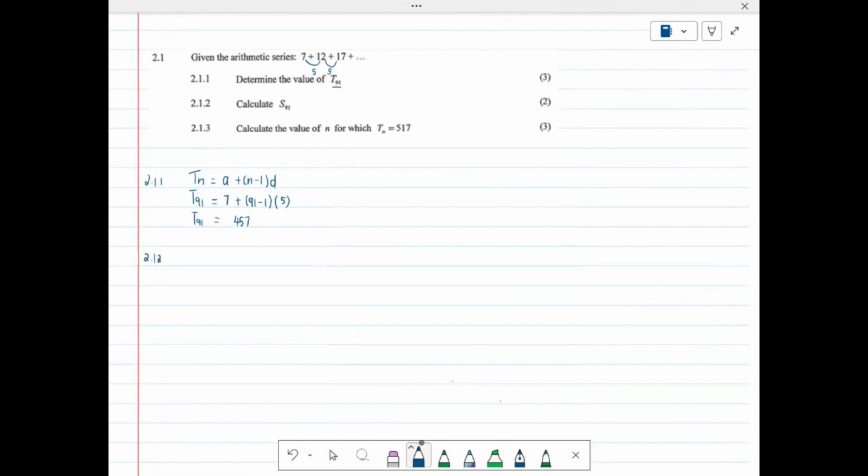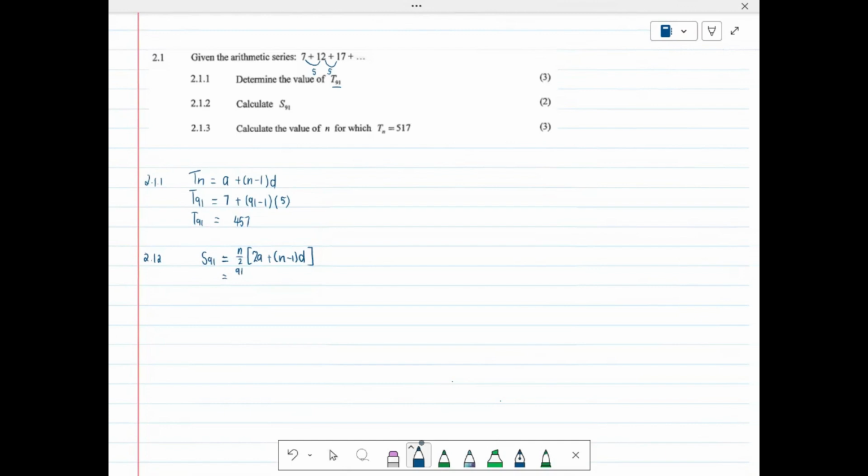For our second question here, we have to calculate S91. Following the same process of substituting into the formula, we first write out the formula. This time it is the sum of the arithmetic sequence, so using the formula n over 2 times (2a plus (n minus 1) times d). Let us substitute.